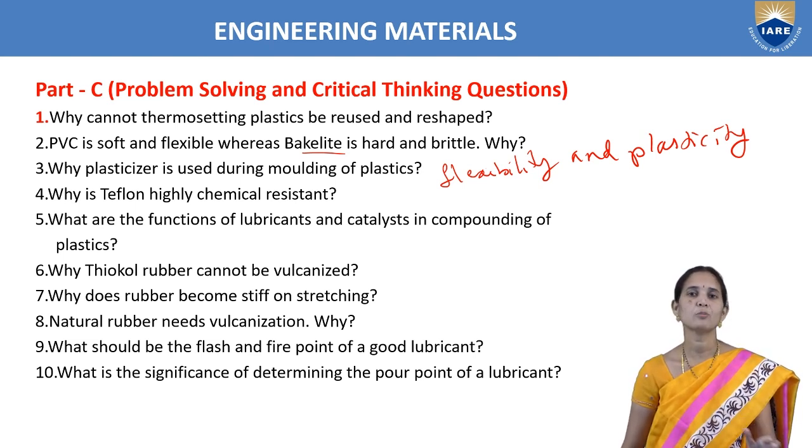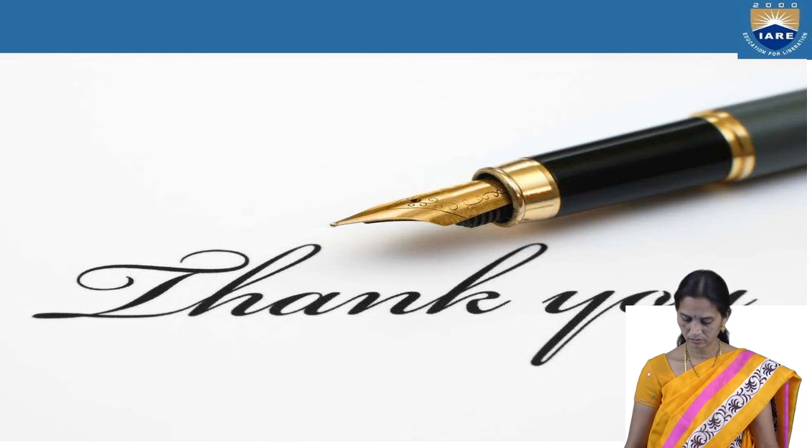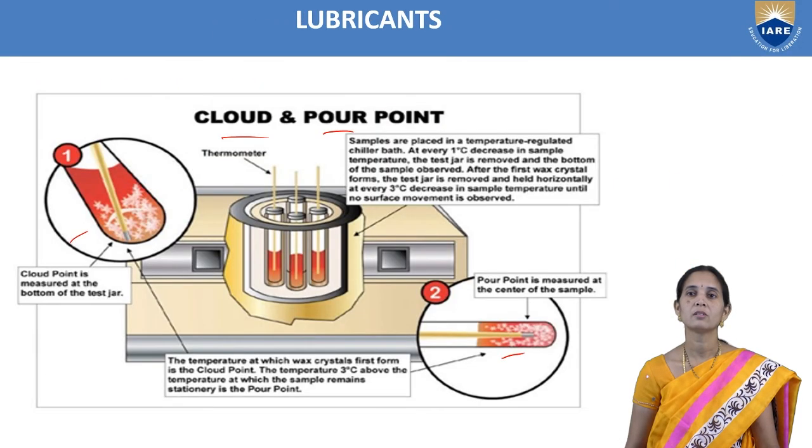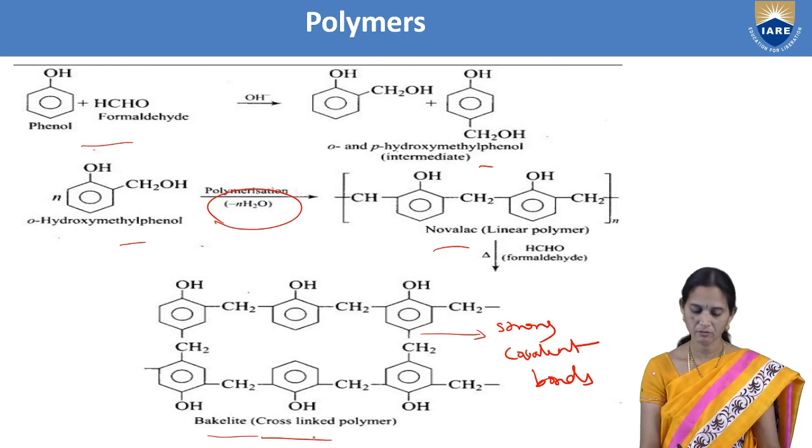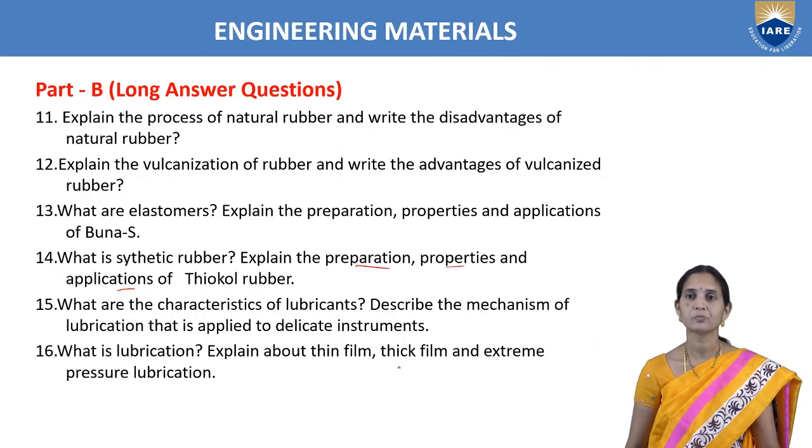For example, in the thermosetting resin bakelite, we will get the Novolac structure. We will add hexamethylene tetramine catalyst. Why are we adding it? Novolac is a linear polymer, a fusible resin. We add hexamethylene tetramine, which will convert it into a cross-linked structure.